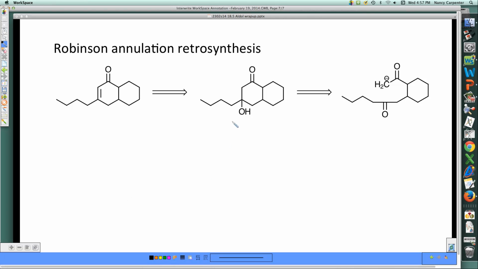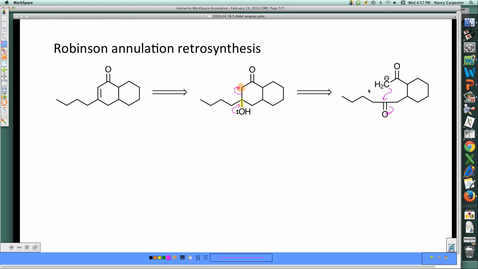We're going to push those electrons back in and break this bond to regenerate the carbonyl here and end up putting an enolate right there. And sure enough, that's exactly what we're pointing out, that if I can just generate this enolate, it will do an intramolecular aldol reaction to give this product. 1, 2, 3, 4, 5, 6.